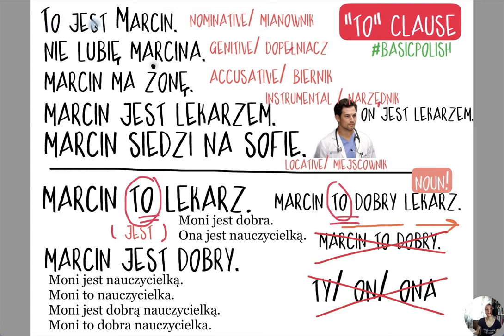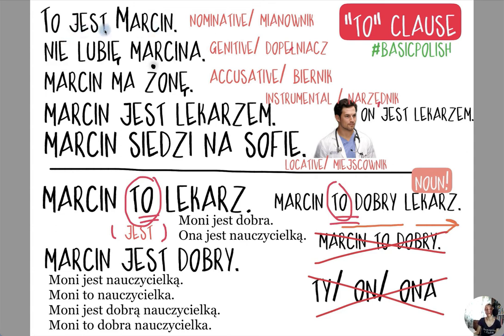Now, to jest Marcin. This is Marcin. And I would like you to treat to jest, this is, or these are, to są, as an expression. Okay, it will never change. If you introduce someone, if you say this is, these are in Polish, you will always use the nominative case.